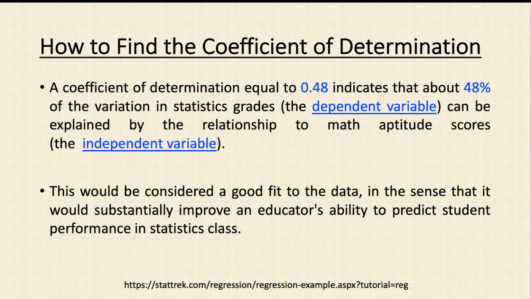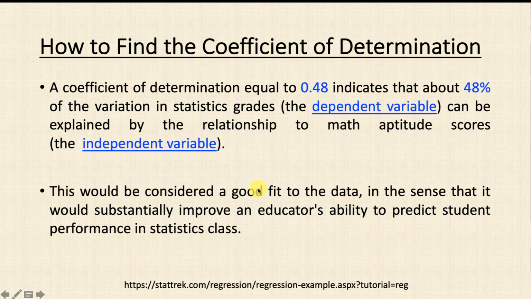Now how can you judge these values? The coefficient of determination equal to 0.48 indicates that about 48% of the variation in statistics grade, that is our dependent variable, can be explained by the relationship to the math aptitude score, that is our independent variable, right?